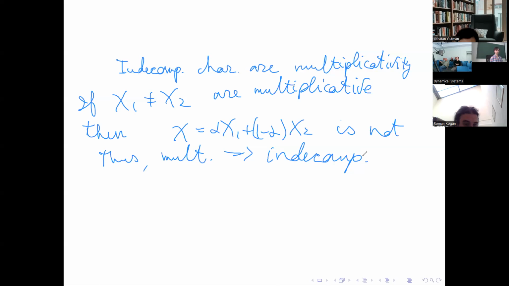And finally, we showed that each indecomposable character has this particular form in terms of measures.